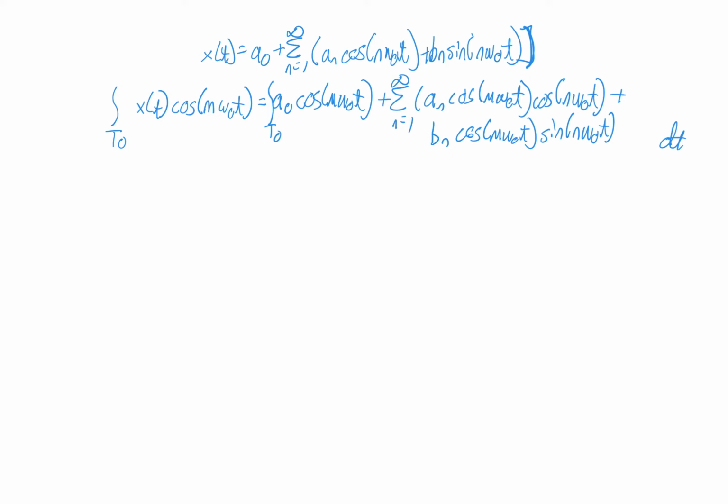Let's see what we can eliminate here. First, if we look at this first term and we just do the integral of this part over the period, we have a cosine that goes through m complete cycles, and it's being scaled up by a DC constant A0.